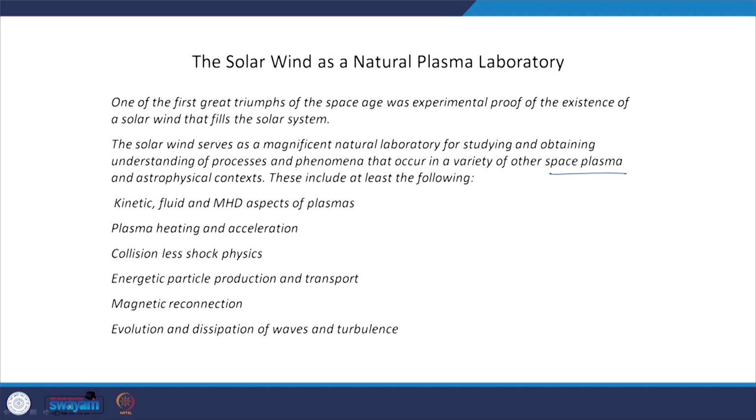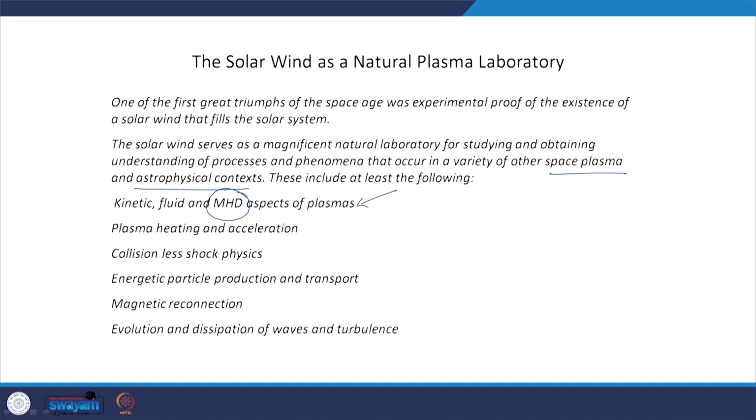The various space plasmas, such as astrophysical plasma, came in very handy in understanding the kinetic, fluid and MHD aspects of plasma, how the description of plasma can be complete only when you consider the plasma as a fluid and attribute electric and magnetic properties to this fluid, which is basically nothing but MHD.